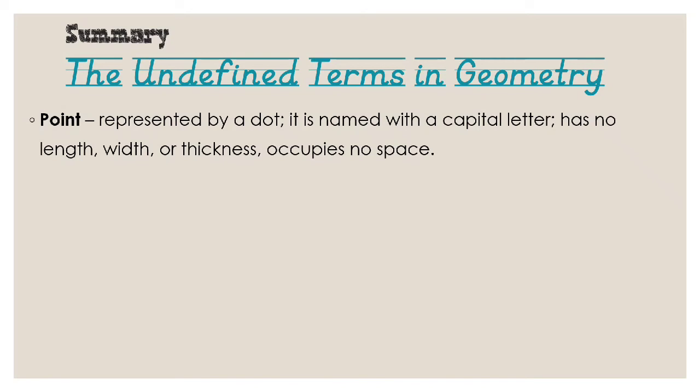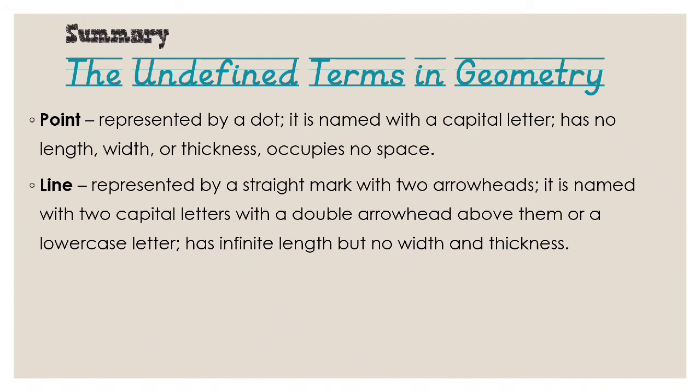So it does not occupy space. Next, we have line. So it is represented by a straight mark with 2 arrowheads. It is named with 2 capital letters with a double arrowhead above them, or a lowercase letter. So it has infinite length but no width and thickness compared to point.